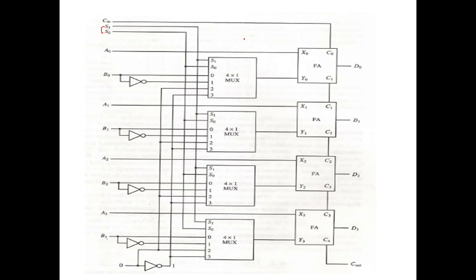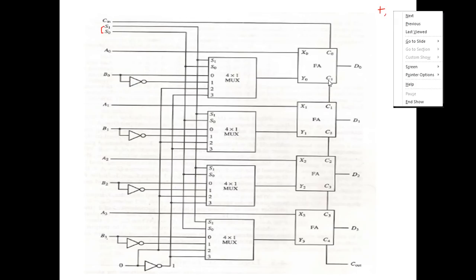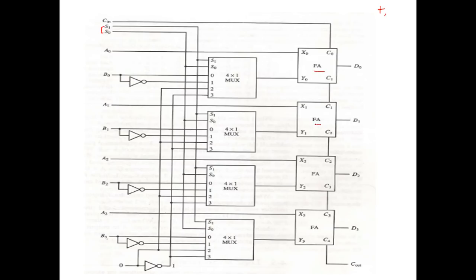Before that, as I am performing addition only, and subtraction also in the complemented form, I need to work only with these full adders. So what is the property of a full adder? It always demands three inputs. So this is the output carry, this is the input carry, and this is the sum that I am getting as a result.